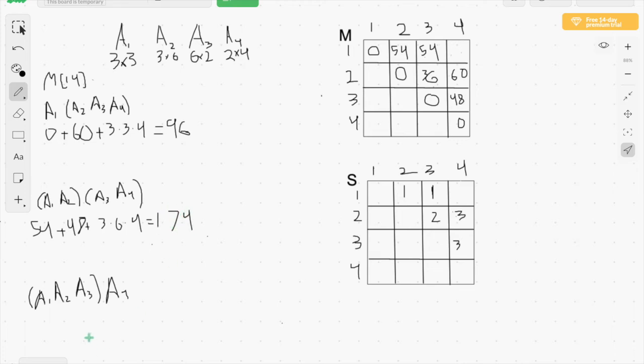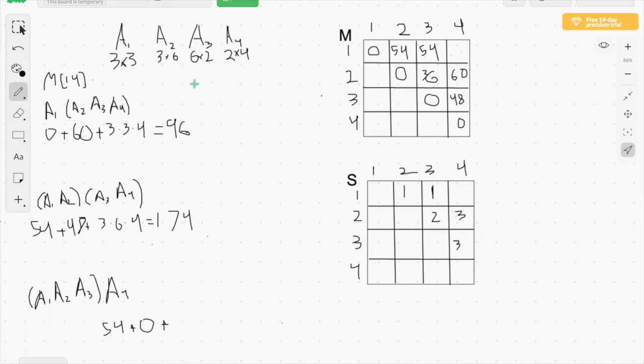Cool. So let's look at this last option. So A1, A2, A3, we can look at M13. That is just 54. A4 is just 0. And the cost of multiplying them together, A1, A2, A3, so that is a 3 by 3 by a 3 by 6 times a 6 by 2. So just these outer ones here.